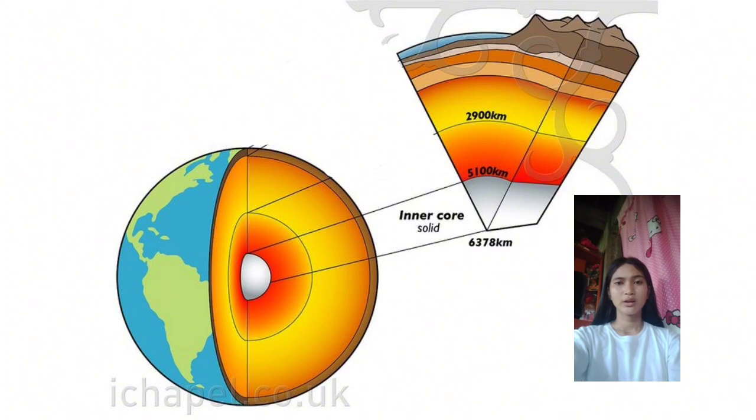The inner core is the innermost layer of the Earth. It has several unique properties that help distinguish it from the other layers. Due to interaction between the inner core and outer core, Earth generates its own magnetic field. The inner core is also incredibly dense and composed primarily of iron and nickel.